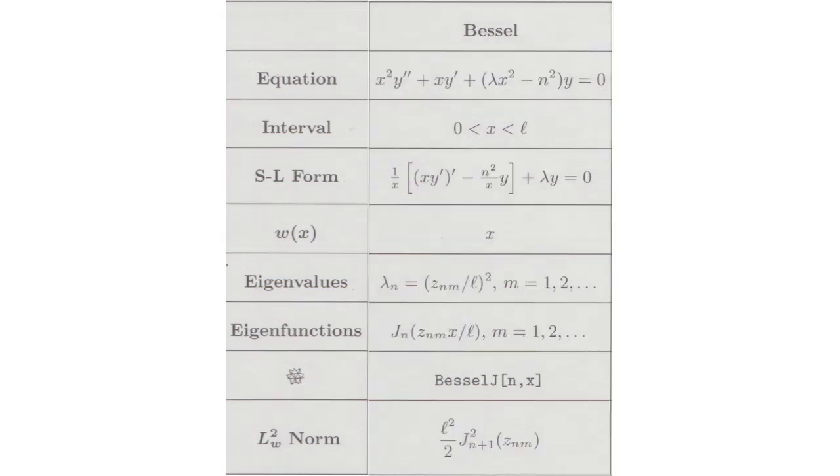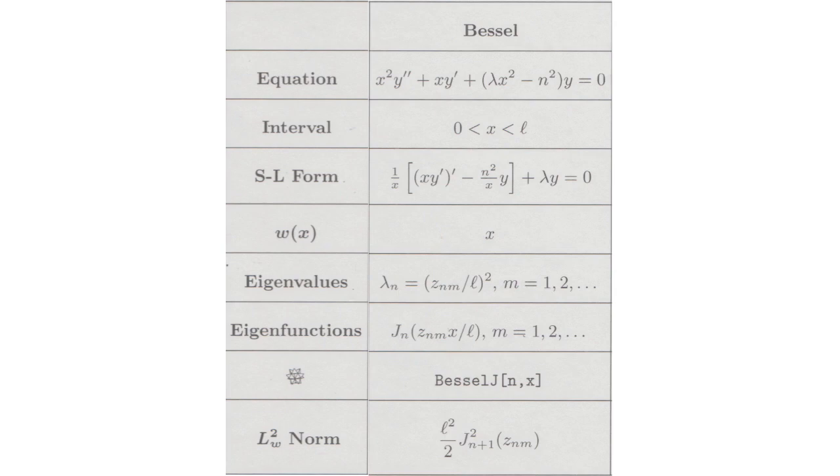Finally, let's survey the eigenfunctions and eigenvalues that come from Bessel's equation. Bessel's equation, in the second row here, is Bessel's equation of order n with parameter lambda. It's defined on the interval 0 to L, and the fourth row is the Sturm-Liouville form of Bessel's equation with weight function x.